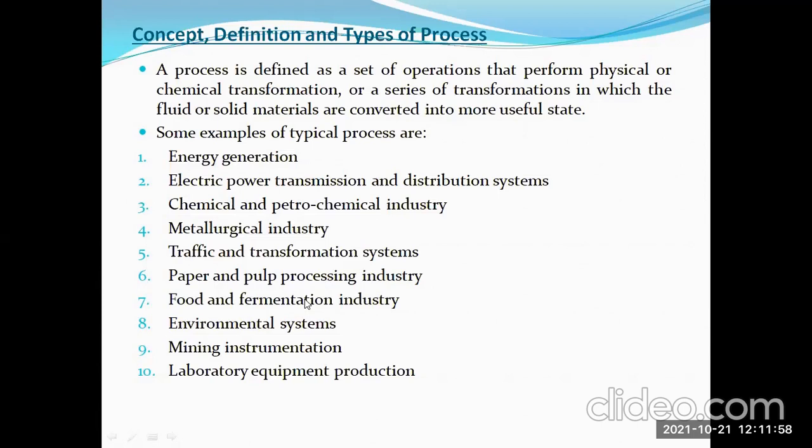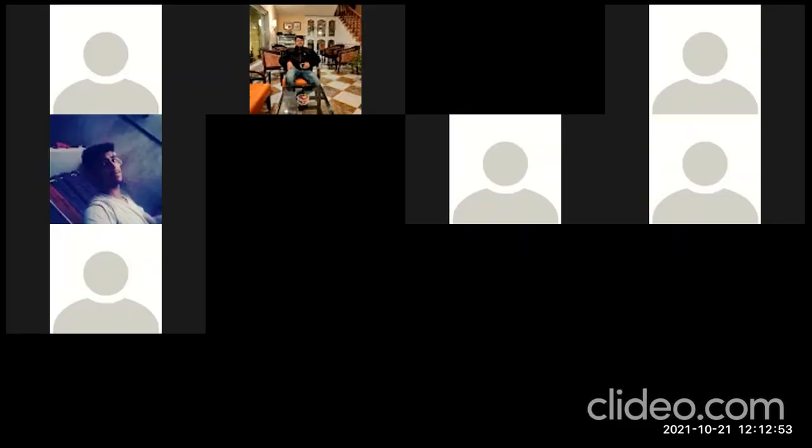So we have to use different types of packetized food. This is food and fermentation, that is, bakery industries. So lots of examples are present here. This food and fermentation industry is one type of example of process instrumentation and control industry.